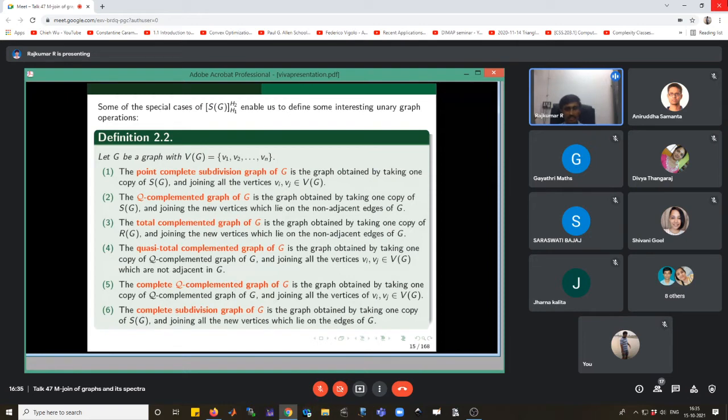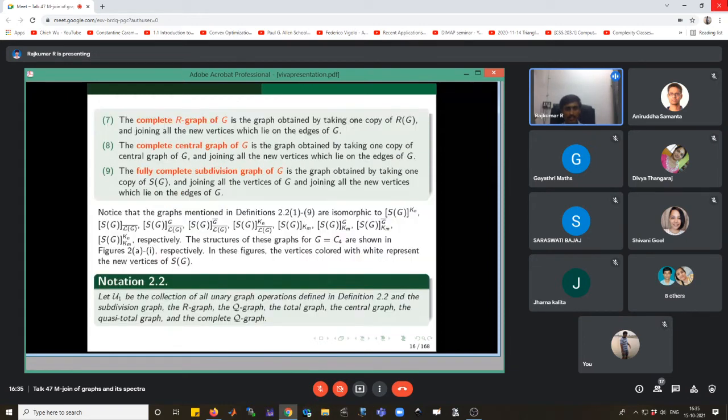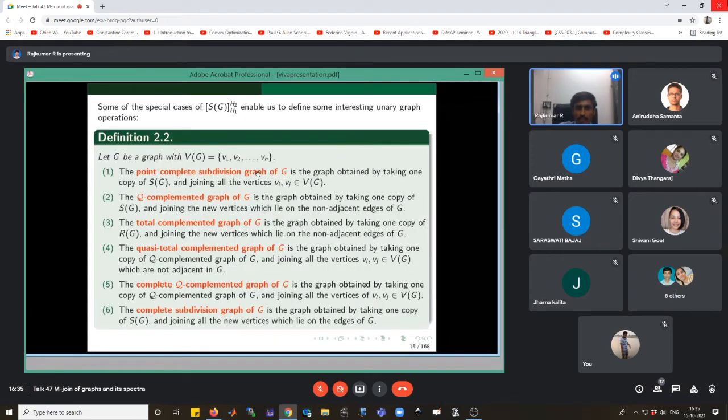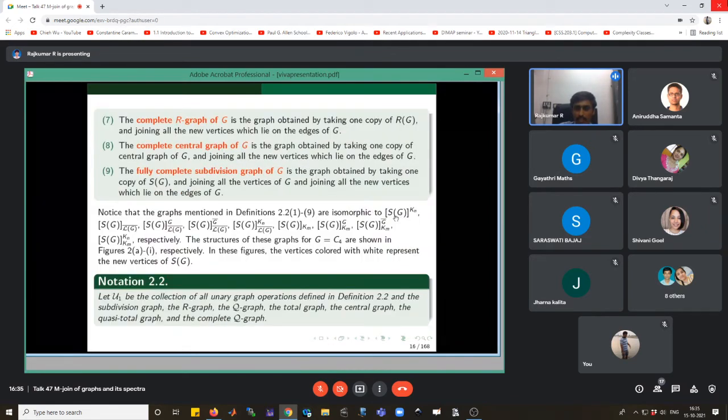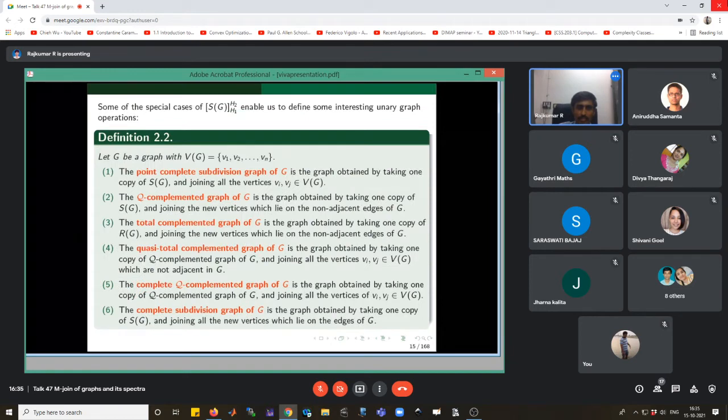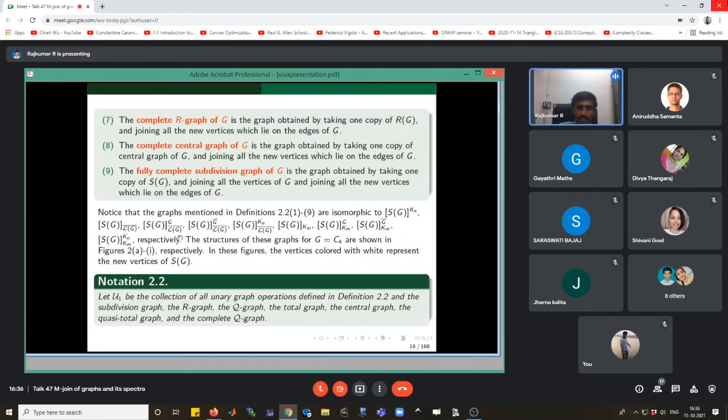Shortly denoting these definitions, I am not going to read all of these, simply mentioning that the first graph operation, the point complete subdivision graph of G, is nothing but S(G) merged with A(G) power m. The second one, the Q complemented graph of G, is S(G) merged with the new vertices L(G) complemented. The third graph, the total complemented graph of G, is nothing but S(G) with G and L(G) bar.